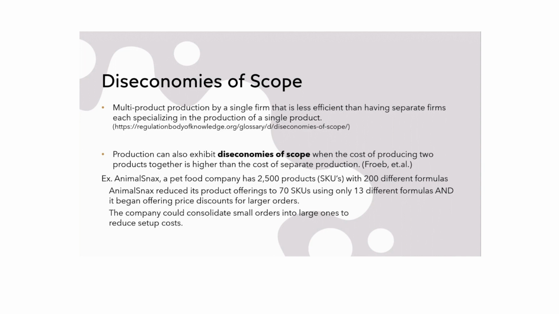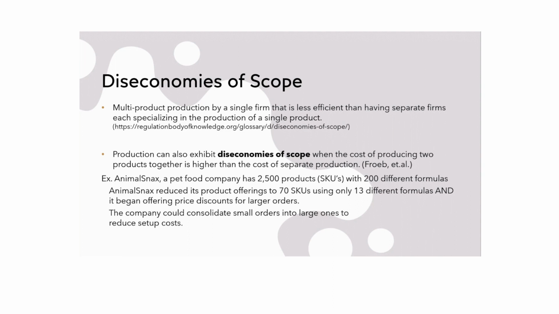You have to sum up the production cost of all the products. I-compare mo dun sa if you will produce them separately. Alin ba, saan ka makatipid? Producing them separately or producing them together? So, you have to calculate that.